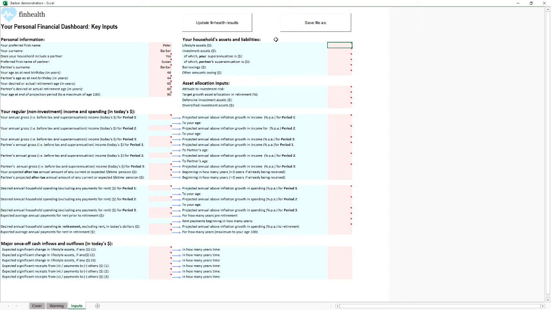Explanations for each of the required inputs are provided whenever you click onto or hover the cursor over an entry cell. Peter estimates that his lifestyle assets are worth $2.5 million.